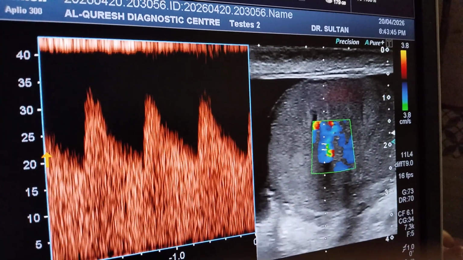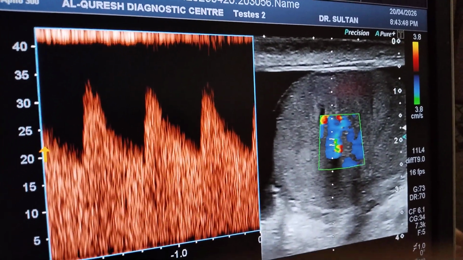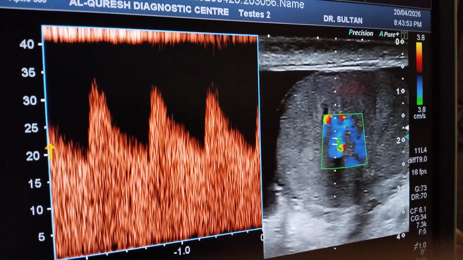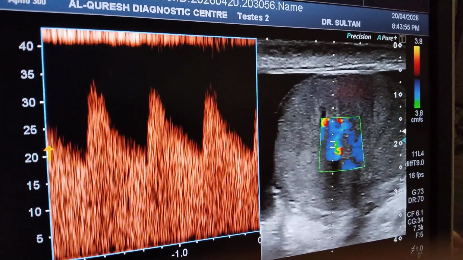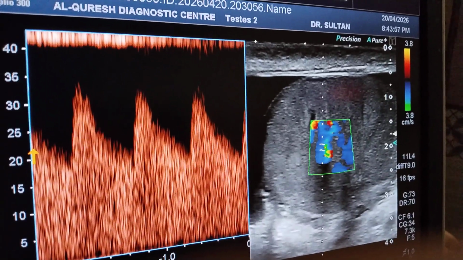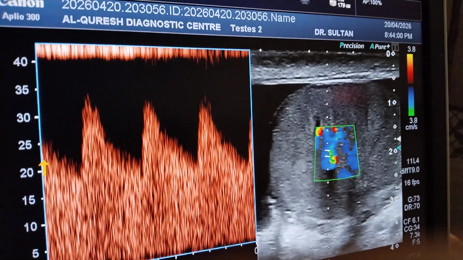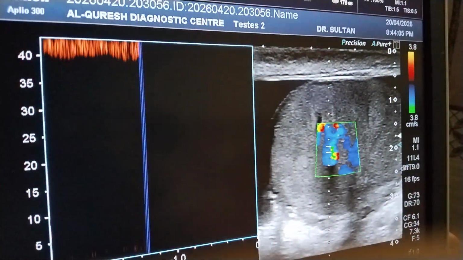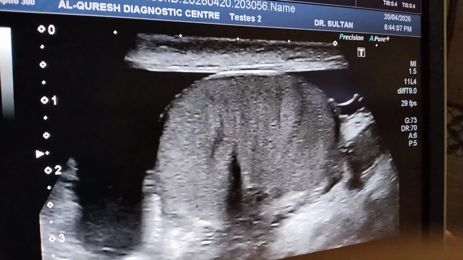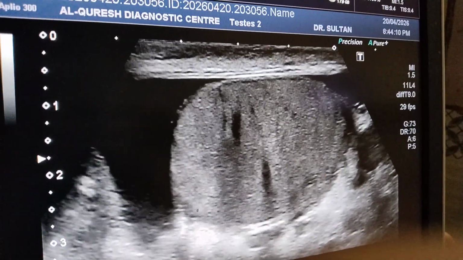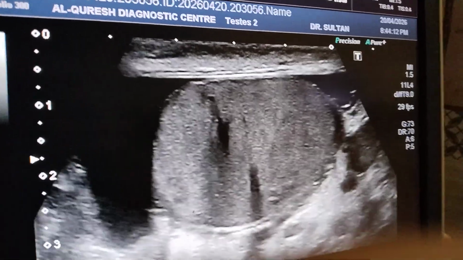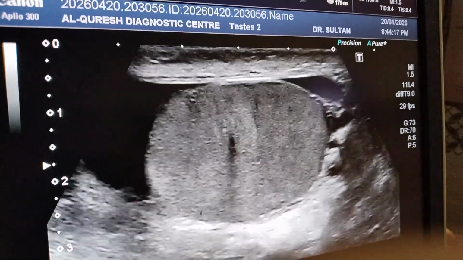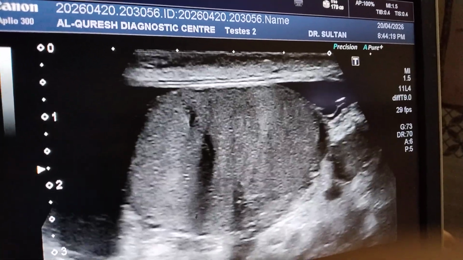So we can say that during the orchitis the vascularity is greatly increased, and then also the peak systolic velocity and diastolic velocity are increased, while this is not seen in routine practice. So this was also about the Doppler study of the intraparenchymal vessels and arteries. So this was all about this case.